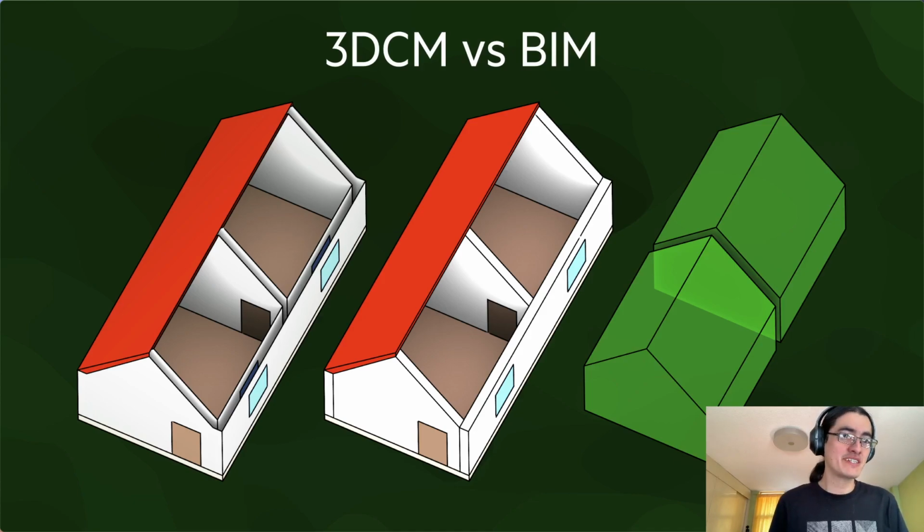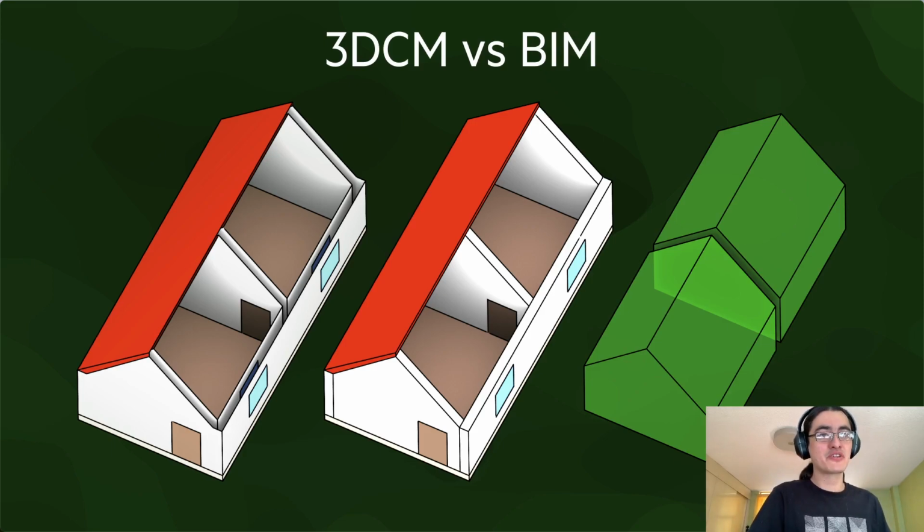But as you will see in Wednesday's lesson, BIM models and 3D city models are kind of different, because BIM models are more like what you see here in the middle and the right. So a BIM model is based on the constructive elements that you use, like maybe a concrete slab, or a filled-in space for a wall with insulation, or a volume for a roof.